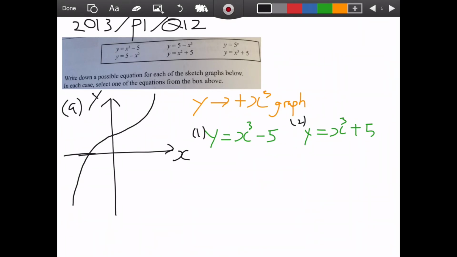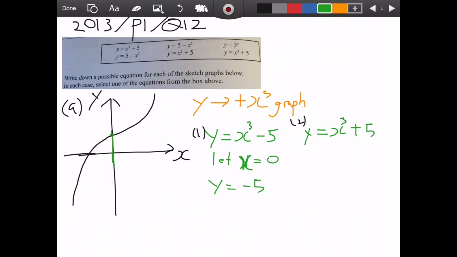Let's try to put in the x and y intercepts in order to solve. We let x equal to 0. What is y? y equals minus 5. When x equals 0, from the sketch graph we see that y is supposed to be a positive number.